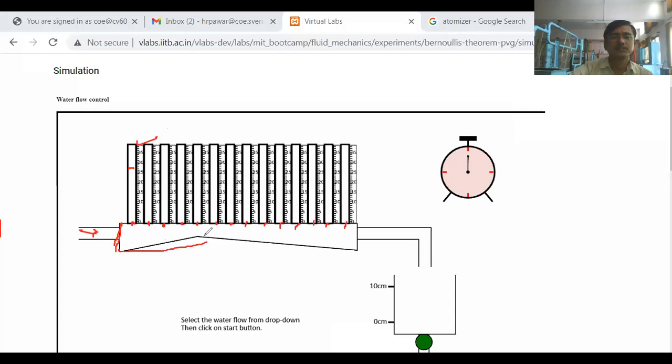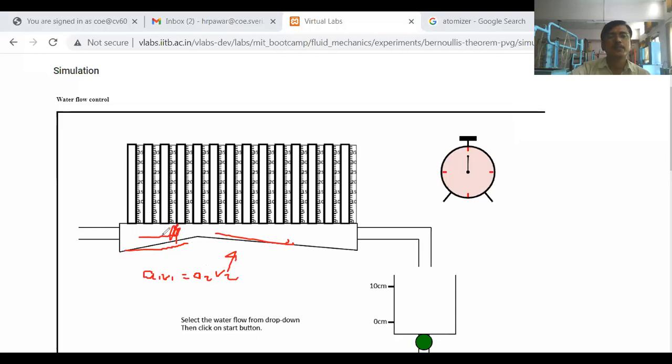For this Bernoulli experiment, we require a tapered pipe or non-uniform diameter pipe, so that you will get the difference in the velocity. As the cross section is not uniform, you can see it is decreasing here, again it is increasing. So what will happen? According to continuity equation, a1 v1 equal to a2 v2, as the area is decreasing here, the velocity will increase.